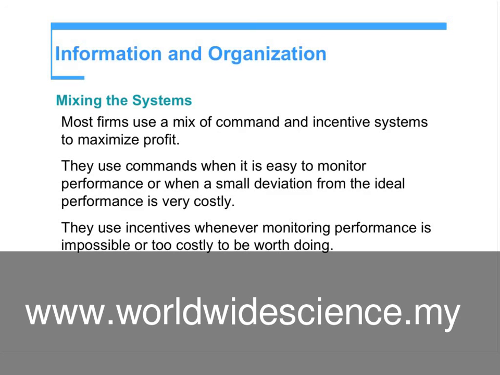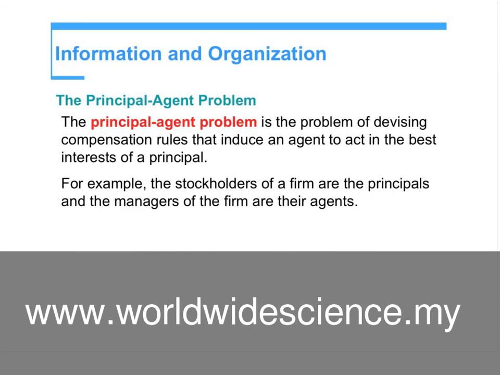What is the principal-agent problem? The principal-agent problem is the problem of devising compensation rules that induce an agent to act in the best interest of a principal. So there are rules, the compensation rules, which induce an agent to act in the best interest of a principal.